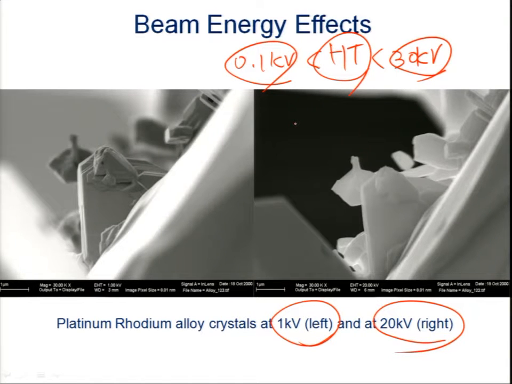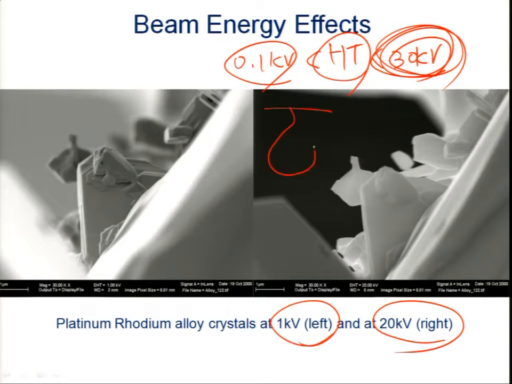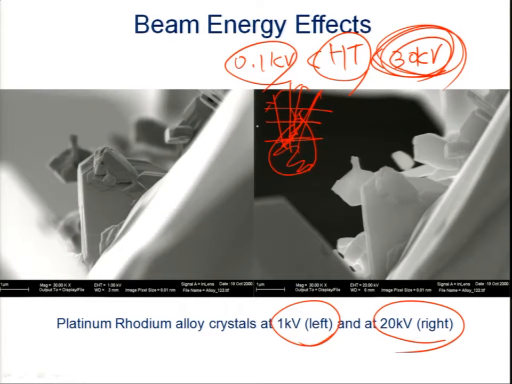As we use a high-energy electron beam, the interaction volume is much deeper, as I showed you in the previous slide, so we will have much more secondary electron generation.